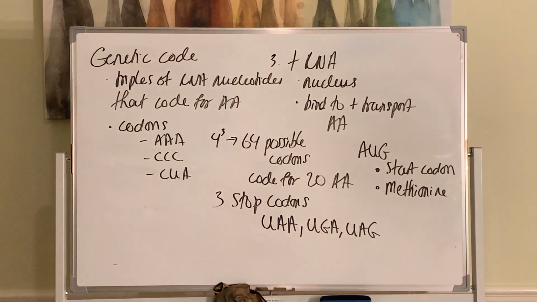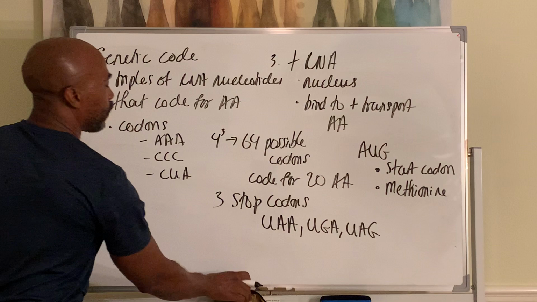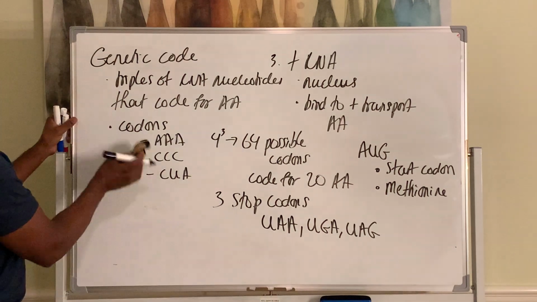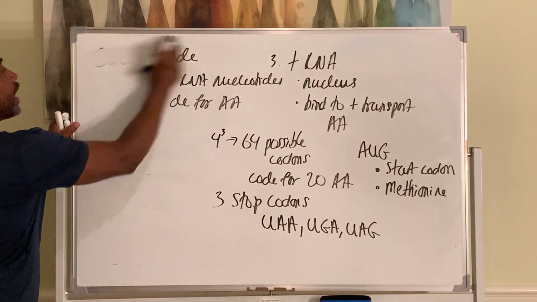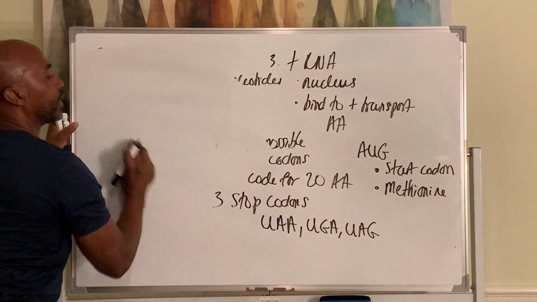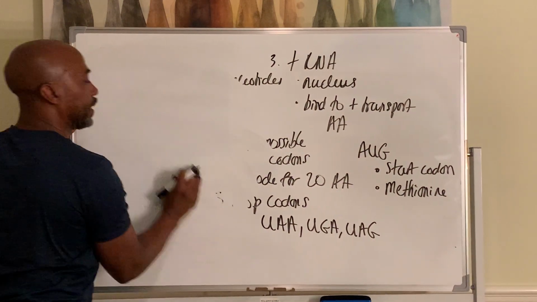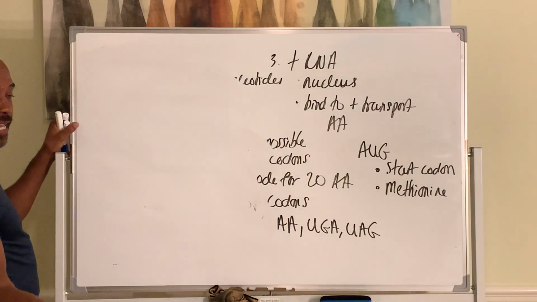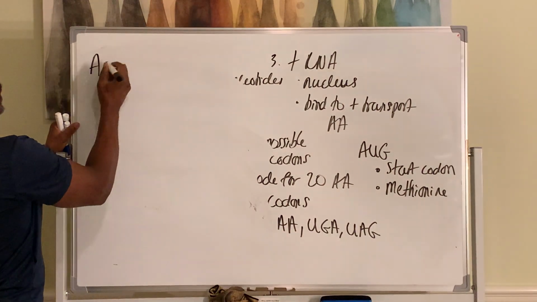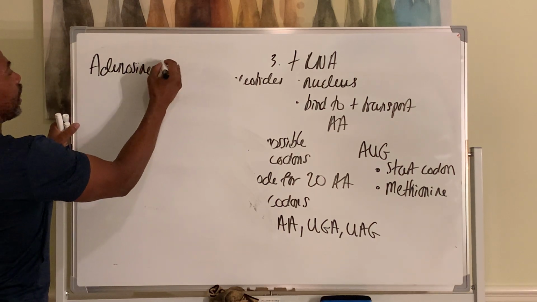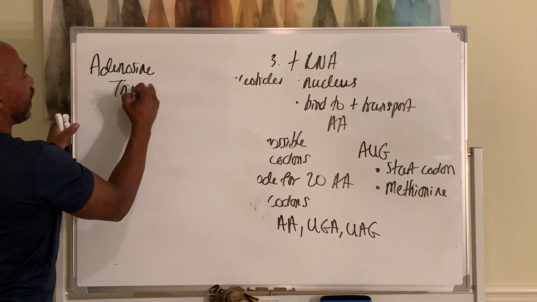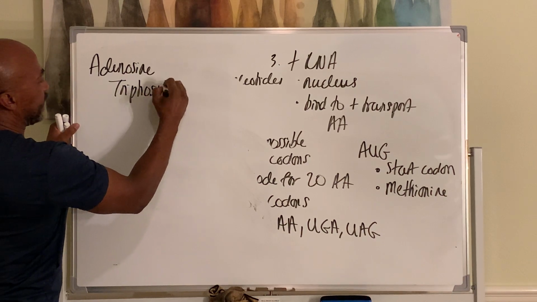All right, so that's RNA and the genetic code. We also have other forms of nucleic acids which do different things. Among them is a very famous one, which is ATP. It's also a nucleic acid. ATP stands for adenosine triphosphate.